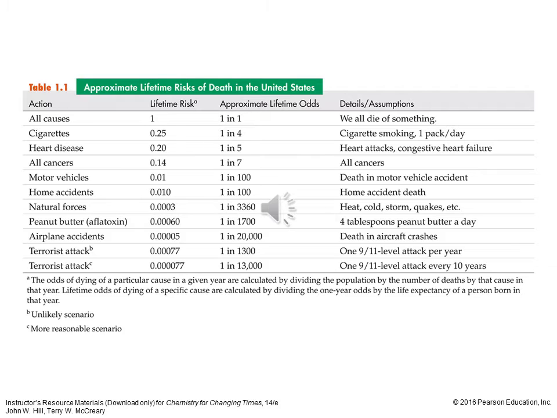It'd be 1 in 1,300 if we get something like the 9/11 level terrorist attack every year. Fortunately, we don't, so maybe 1 in 13,000 is a little better estimate if we say something of that magnitude every 10 years. Hopefully even less frequently than that. But again, the purpose of the table is to show us that there are certain activities or things that we might do that are more likely to increase our risk, and there are other things that we have relatively little control over, but again, they do tend to have fairly low risks.